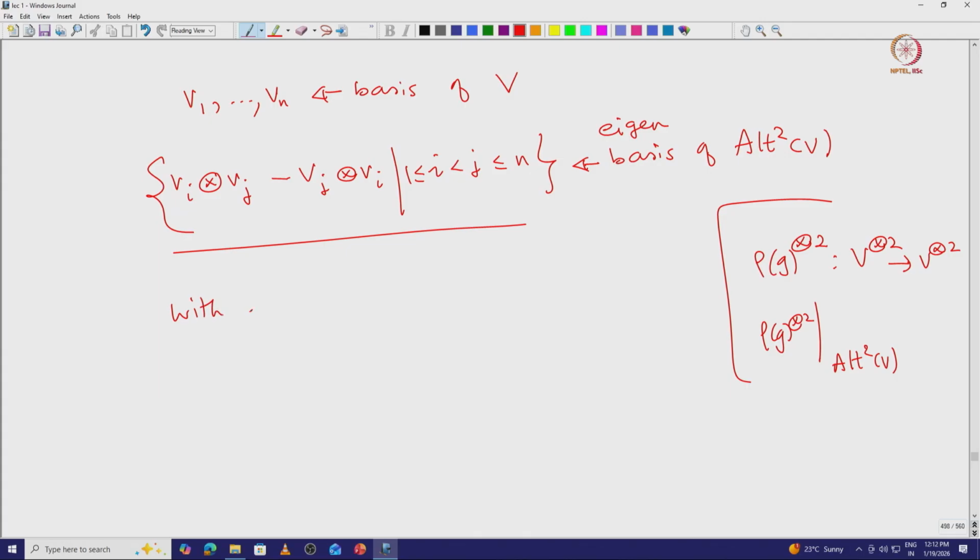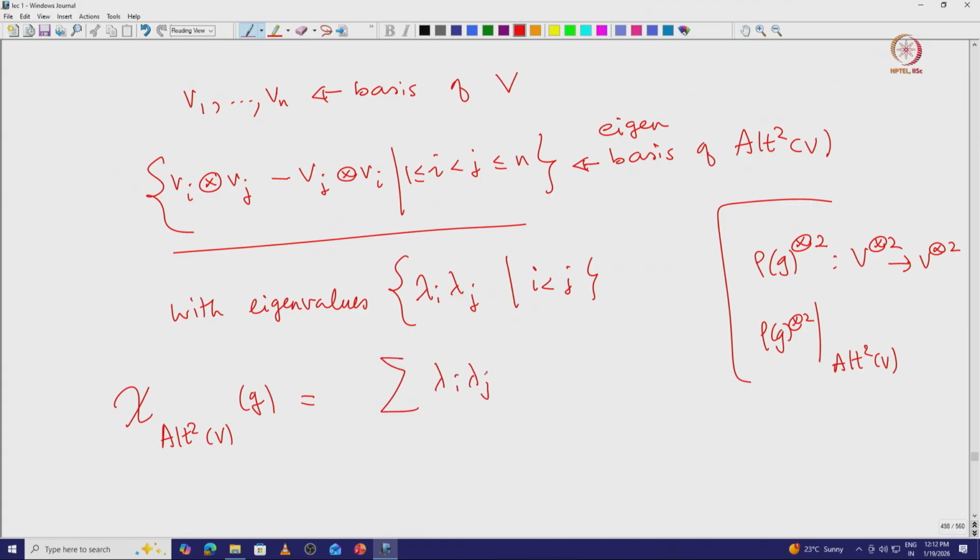With the eigenvalues it is easy to see. The eigenvalue of vi tensor vj is lambda i times lambda j, and since this is just a difference of these two eigenvectors, you get the same eigenvalue lambda i times lambda j for i less than j. So that means the character chi Alt 2 V of g is the sum of the eigenvalues, you sum lambda i lambda j where i, j run from 1 to n such that i less than j.